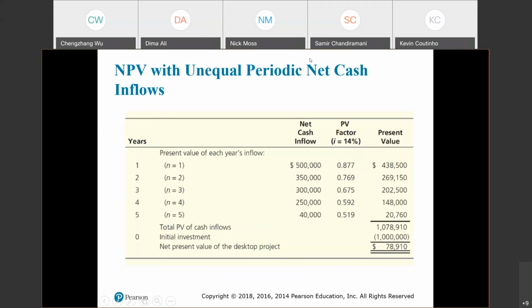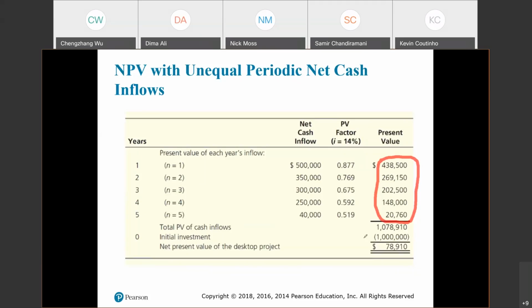You do the calculation 5 times and sum up these present value results, and you get total present value of net cash inflow.